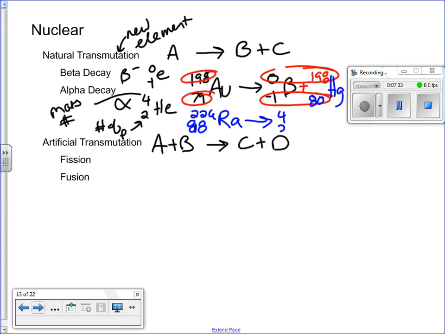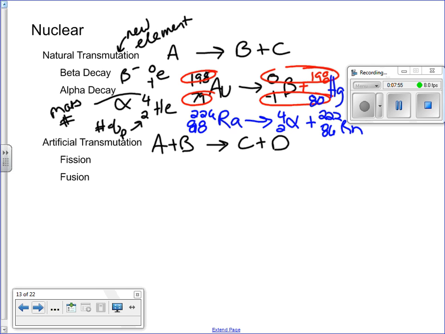Alpha particle plus 226 minus 4 is 222. 88 minus 2 is 86, and that's radon. So 86 plus 2 has to equal 88. That shows the conservation of mass and charge.